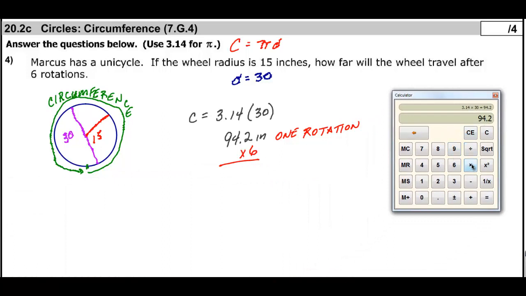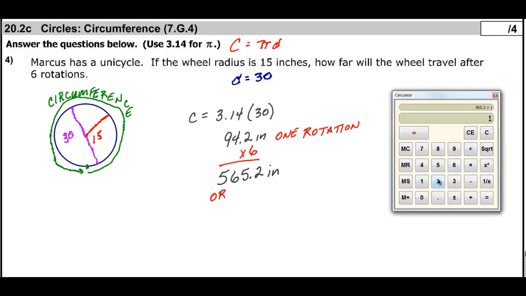So we take our 94.2 and we multiply it by 6, and we get 565.2 inches. Now you might look at that and remember the conversations we've had in class. Something that big a number in inches, hard to follow, easier to follow if it's in feet.